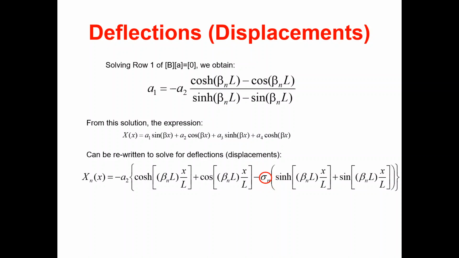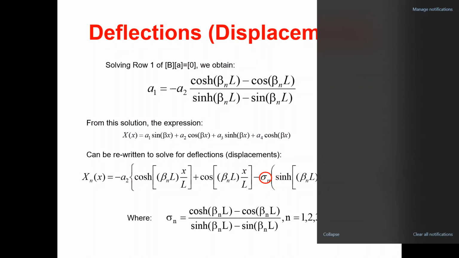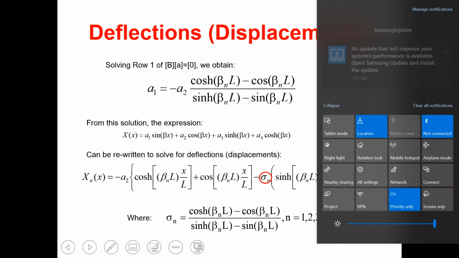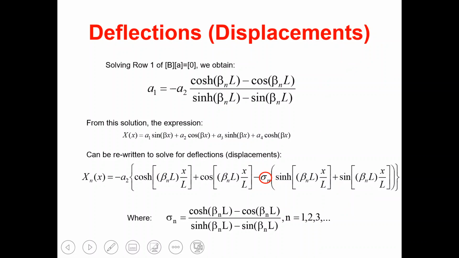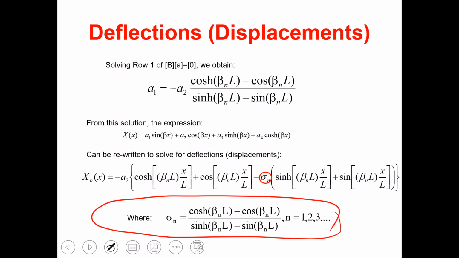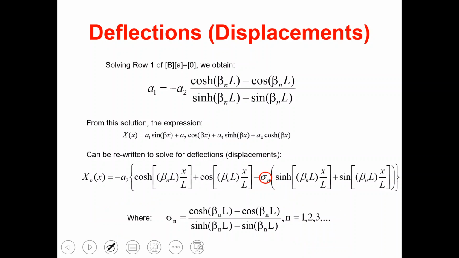Okay, sigma n is essentially this value. So using this very huge function, you can find the mode of the displacement, the shape of the displacement, the deflections.